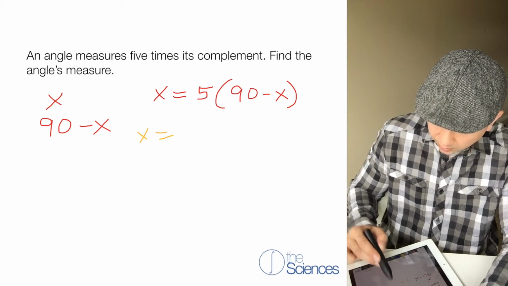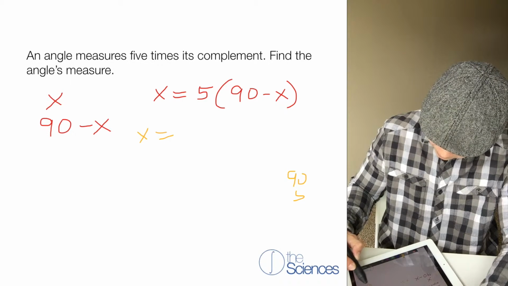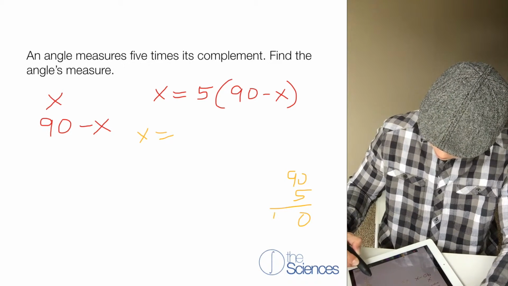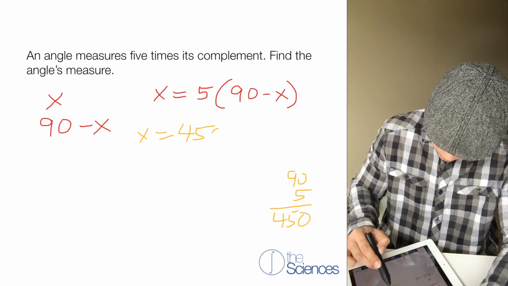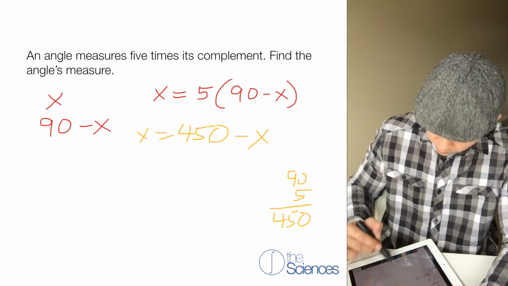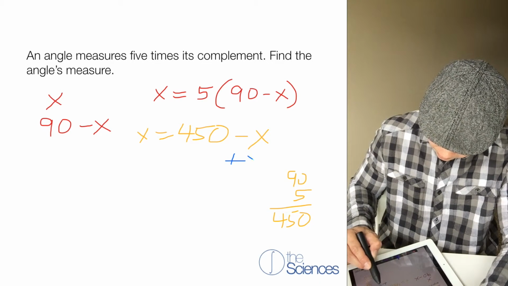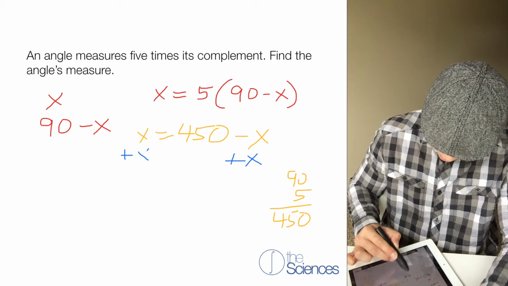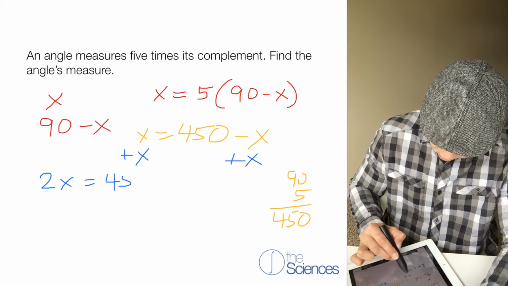x equals 90 times 5, which is 450, minus 5x. So here we can move 5x to the other side by adding, so that we get 6x equals 450.